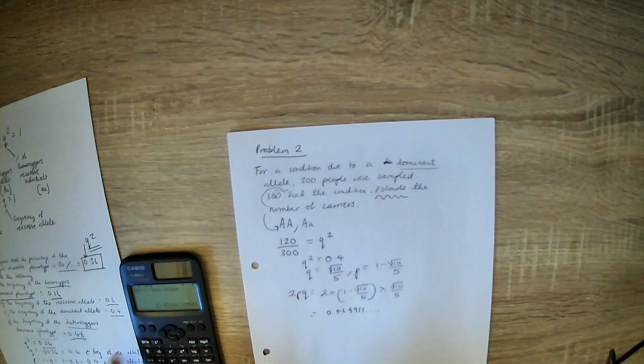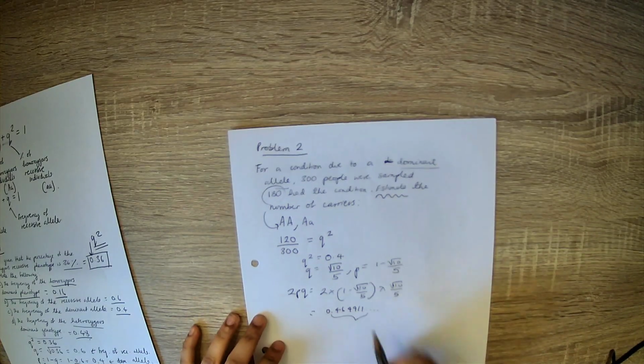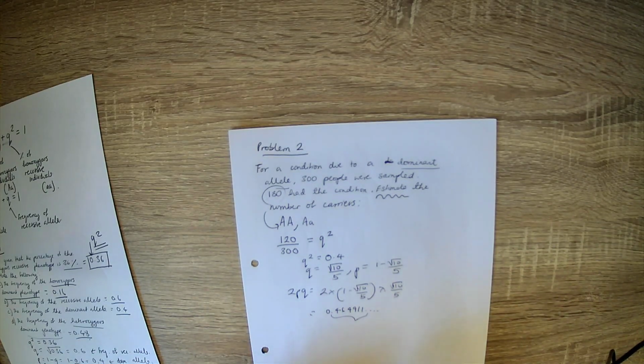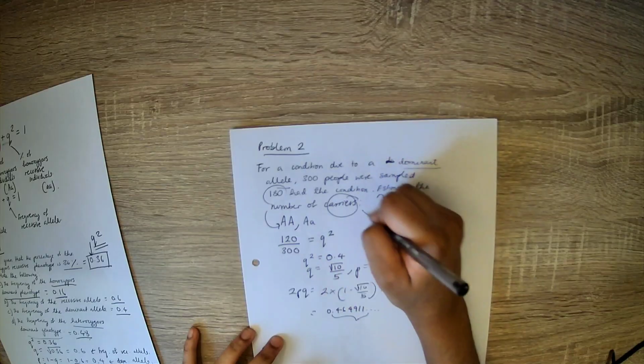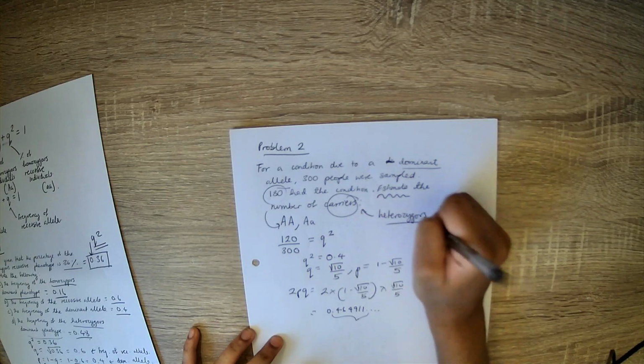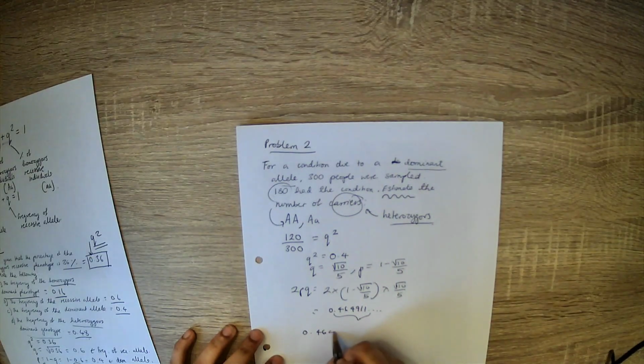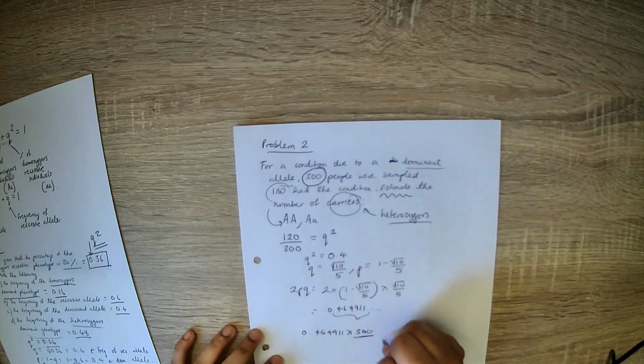What I want to do is emphasize that this is simply a percentage, okay? So this is the percentage out of however many people we were sampling that have the heterozygous genotype, and carriers, I wanted to state, have the heterozygous genotype. So finally, our last step to work out how many people would be to times this by the number of people, which is 300.